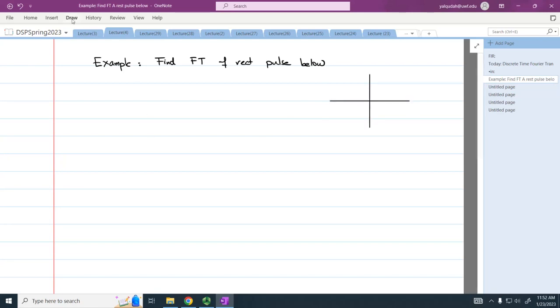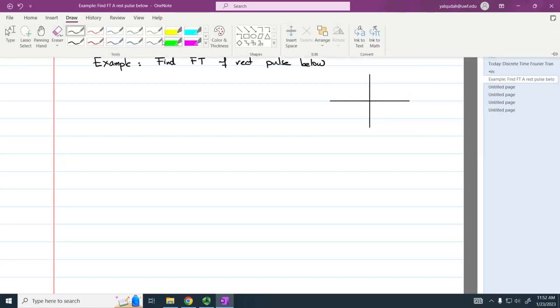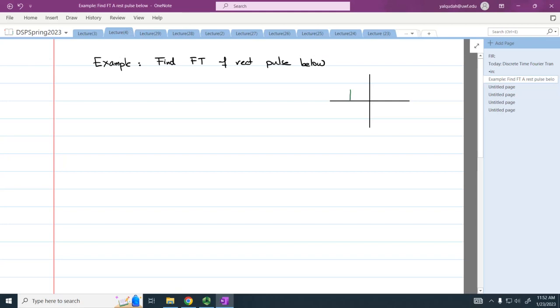I have a rectangular pulse that looks something like this. Now this is continuous time. So we're going to do this in continuous time. Then we're going to sample this pulse. Then we're going to calculate the discrete time Fourier transform. Then we're going to look at both and try to see the similarities and differences between them.